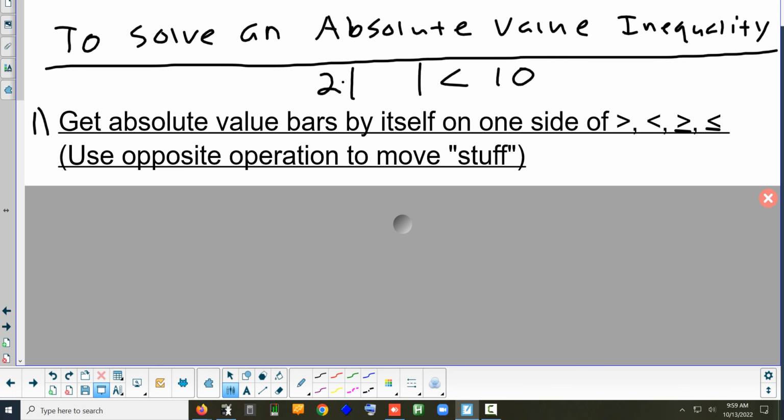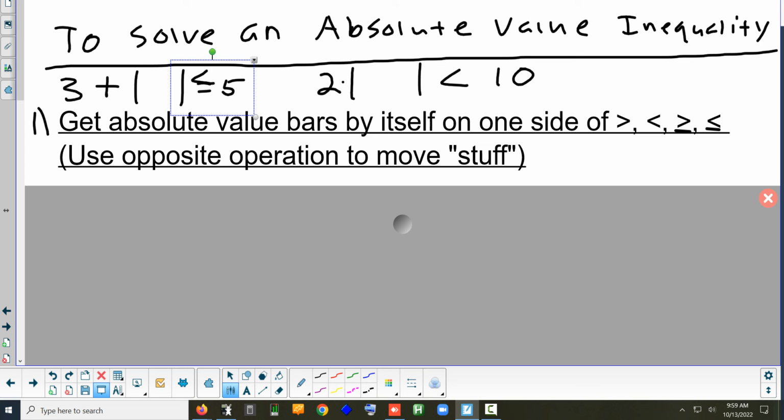Now, what if you had something like this? 3 plus the absolute value of, doesn't even matter, just absolute value, equals 5. This time you have absolute value bars, but you have a plus 3 in front of it. How do you think, and this would be an inequality, you would move this 3 to the other side?